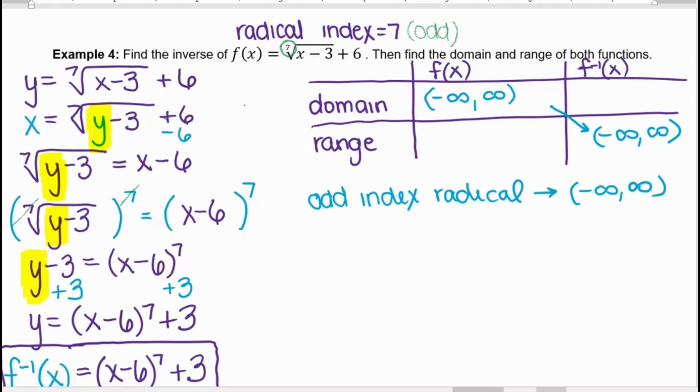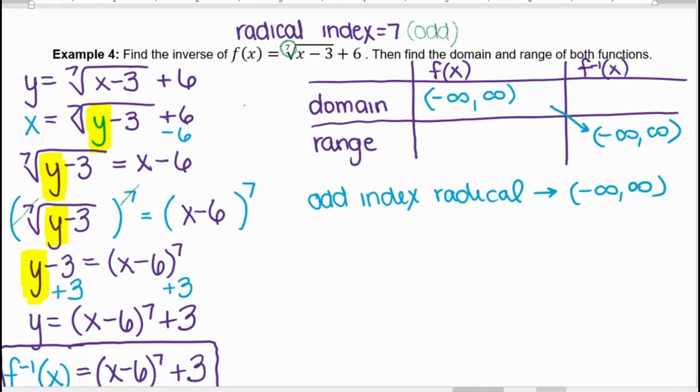Nice may have been an overstatement, but we can get negatives. So, for instance, if we took the fifth root of negative 32, we could get negative 2. And we could just keep going with the seventh root. And if we really wanted to, the 11th root. Anything we wanted to plug in, it's okay because we will get an answer out that's real.